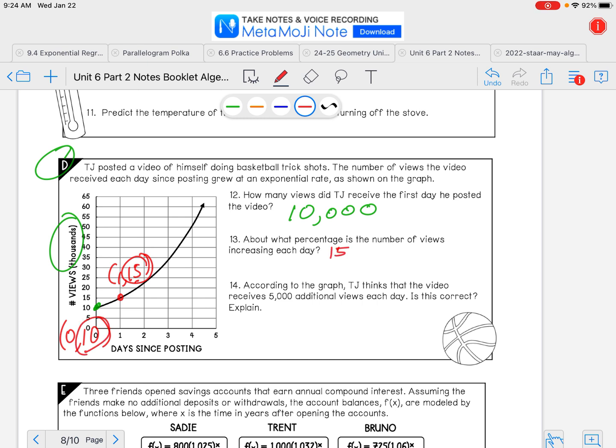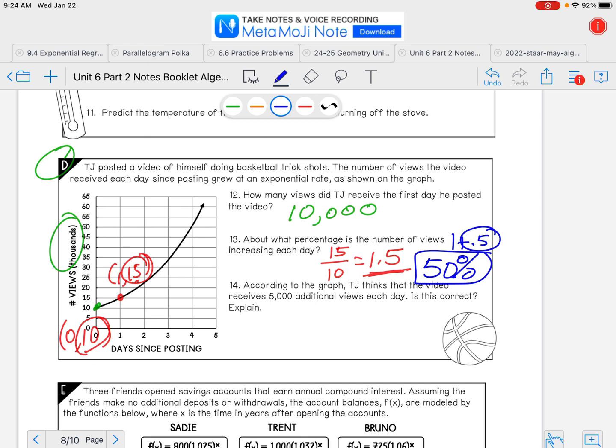So we're going to go 15 divided by 10. That's going to be 1.5. So if my rate were 1.5, that would be like saying 1 plus 0.5. So what is the percentage it's increasing? 50%, because 0.5 as a percentage is 50%. This time we would multiply by 100 to go the other way.